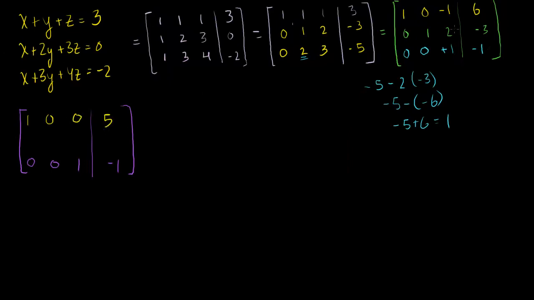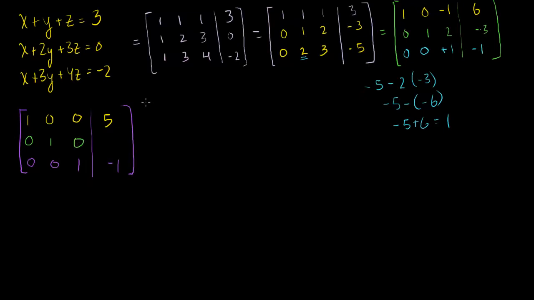Now I want to zero this row out. And to zero this row out, I'll replace it with the second row minus 2 times the first row. Right? So 0 minus 2 times 0 is just 0. 1 minus 2 times 0 is just 1. 2 minus 2 times 1 is 0. Minus 3 minus 2 times negative 1.